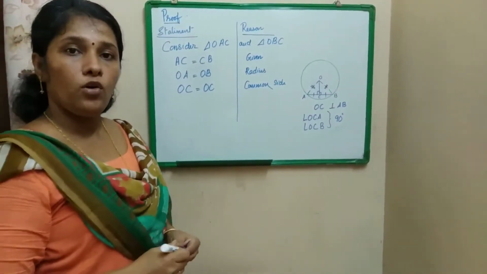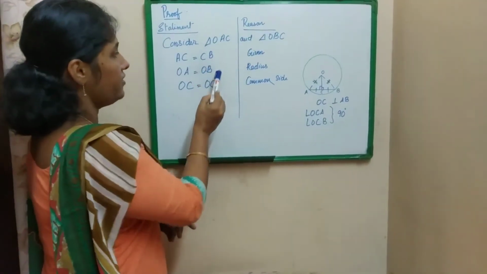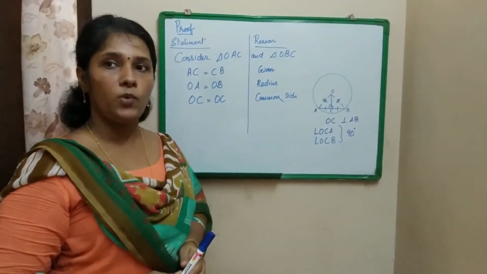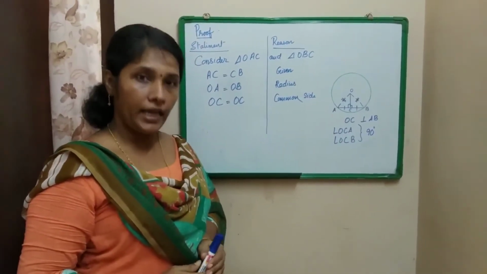So, what did we get from here? We identify the sides. The corresponding three sides are equal.